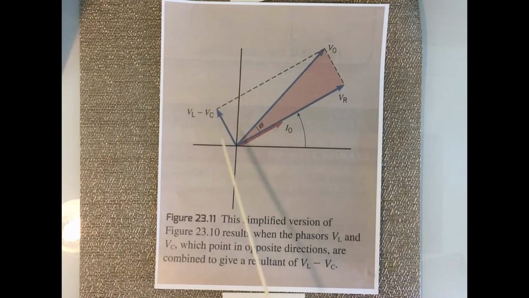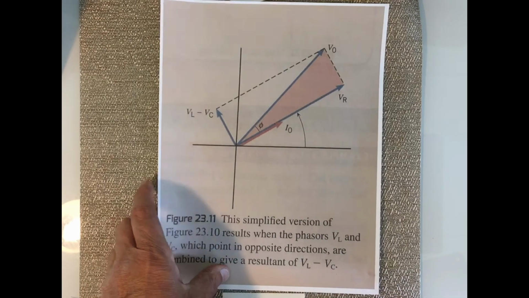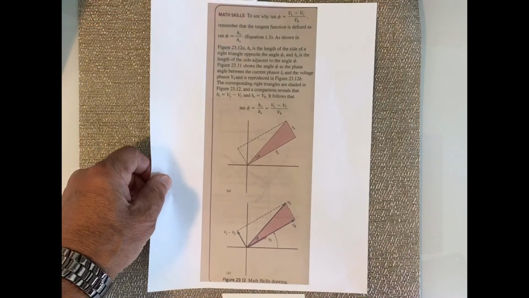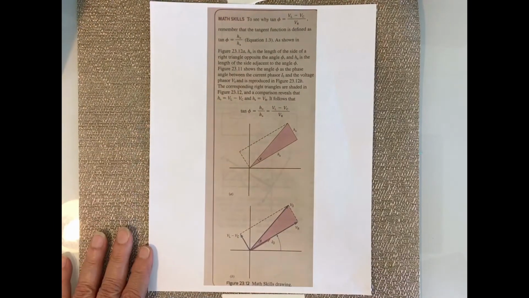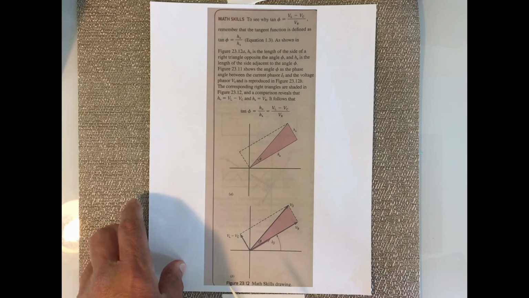We can consider this as a triangle here and figure out the equation. This is simple math which I just copied from the book. It's on the same page on the left hand side, so you can go over yourself how to figure out the tangent phi.